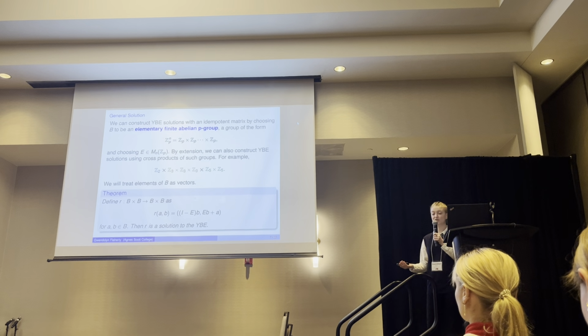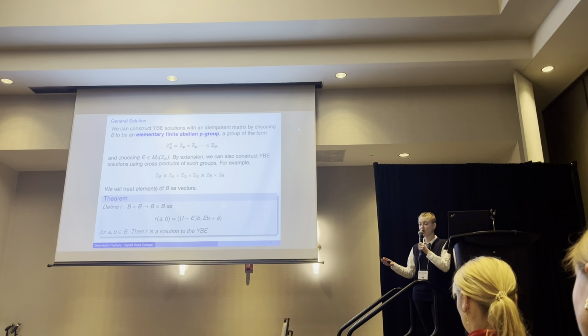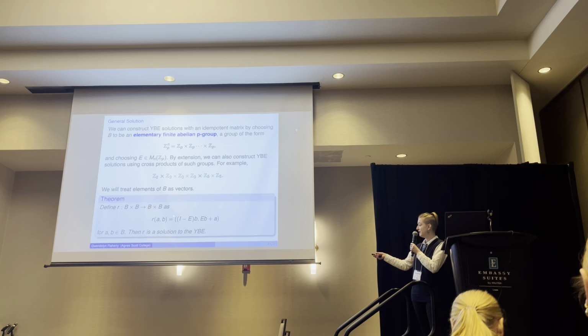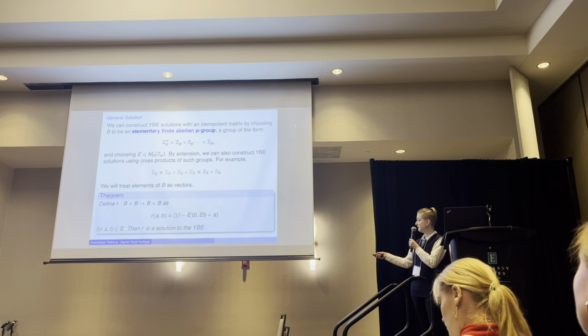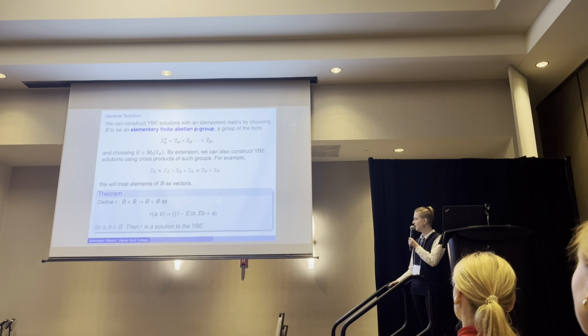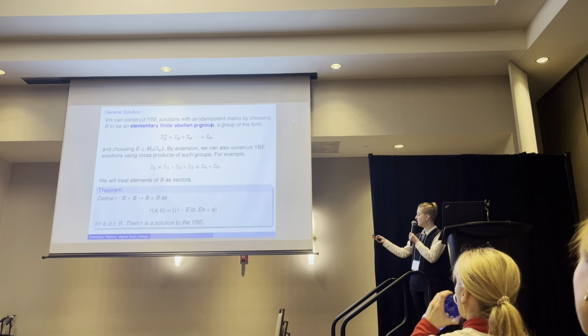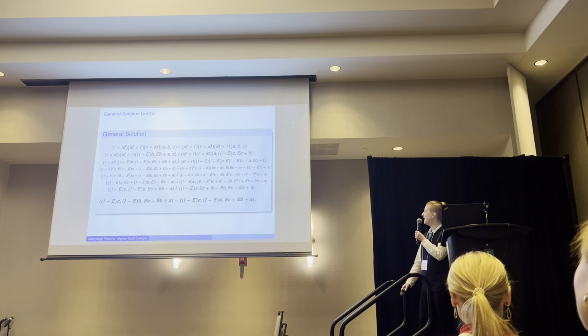In this method of construction, we'll treat elements of B as vectors, and define our function R with our idempotent matrix like this. Here, I stands for the identity matrix, and A and B are our elements of big B. And if you look here, we can see that R is a solution to the Yang-Baxter equation through this algebra here, which you don't have to read all of.